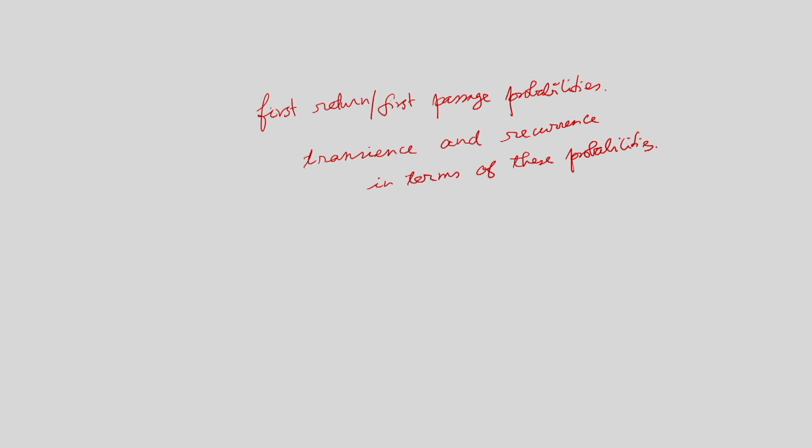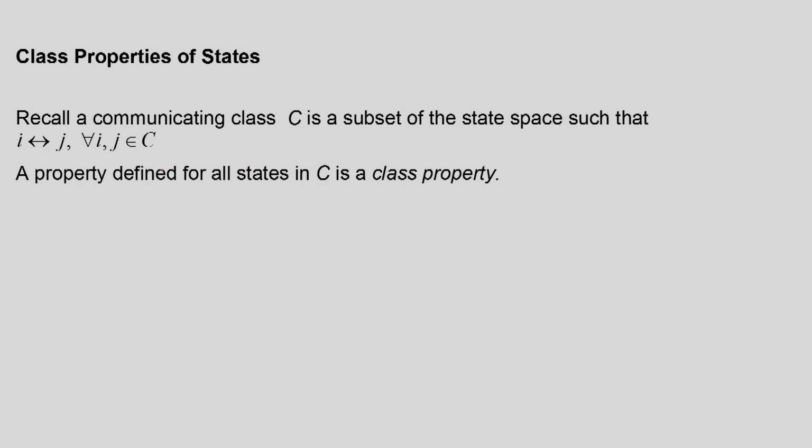Now, we will discuss this transience and recurrence, and one important property known as the class property. Class properties of states.